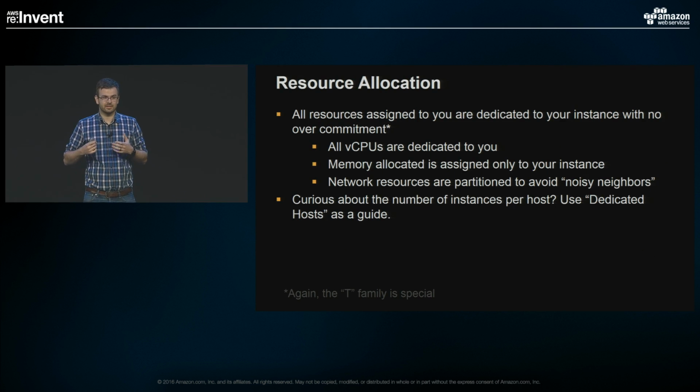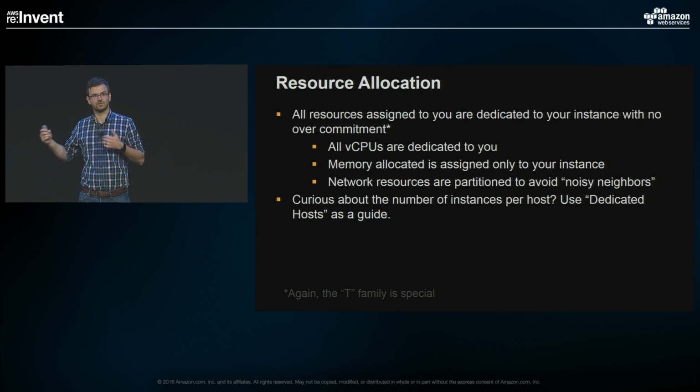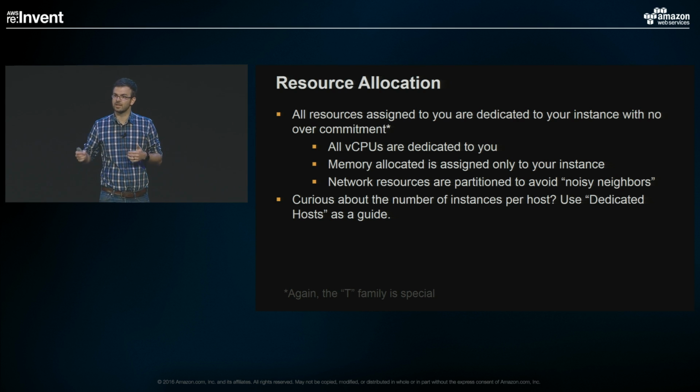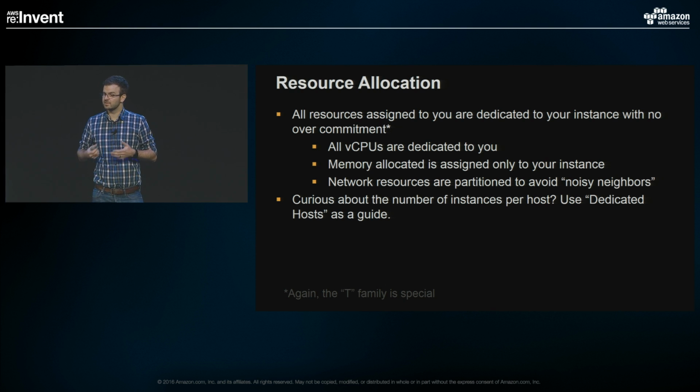And the reason that things are set up this way is because of how we partition our instances. Typically, when you're running the largest instance, you're getting the whole physical server. When you're running smaller instances, you're actually getting a fraction of that server. Now, virtualization has historically gotten a pretty bad reputation because it's often used to manage the overutilization of resources.